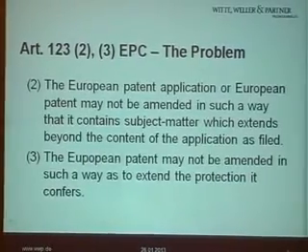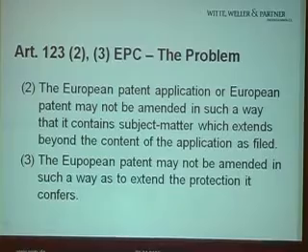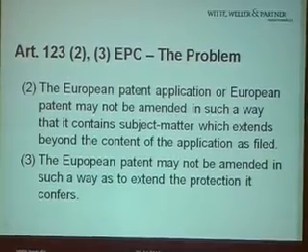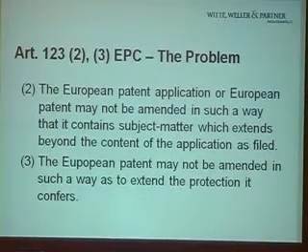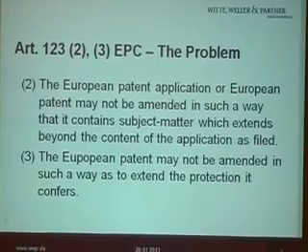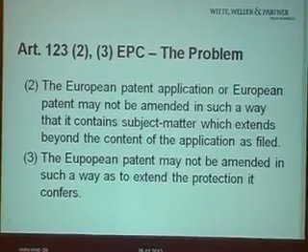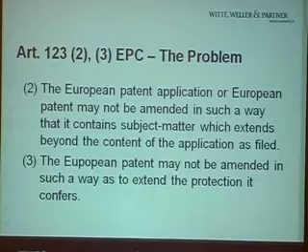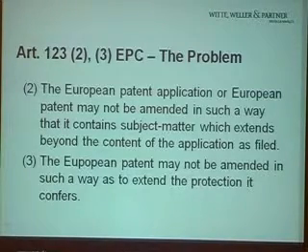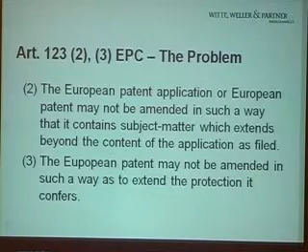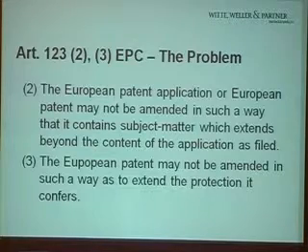But now comes the additional Article 123(3), meaning the European patent may not be amended in such a way as to extend the protection it confers. So, you start with a patent application, you amend the patent application in a certain way.